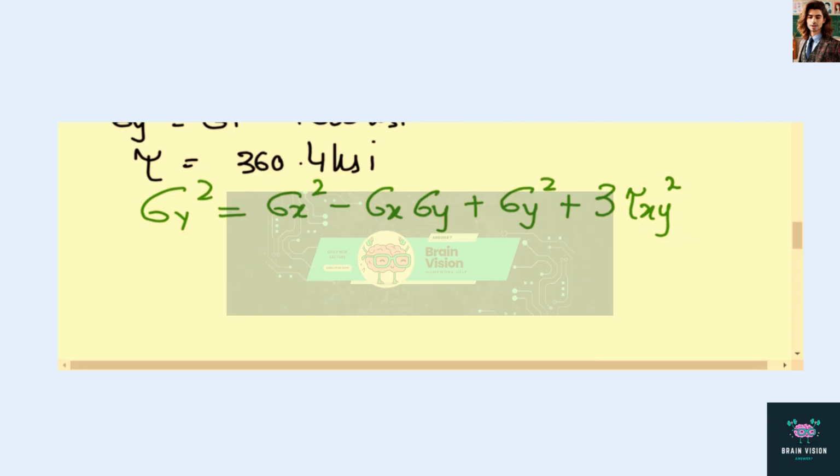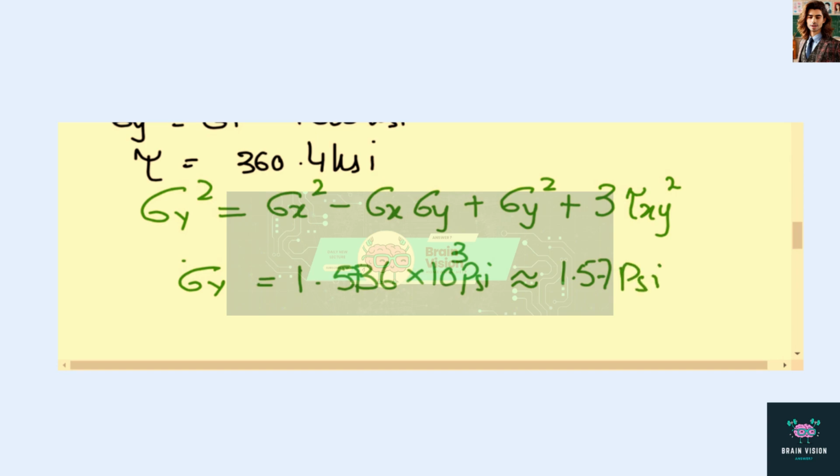Just plug in the values and we'll get that sigma sub e is equal to 1.5736 times 10 to the power 3 ksi, approximately 1.57 thousand ksi.